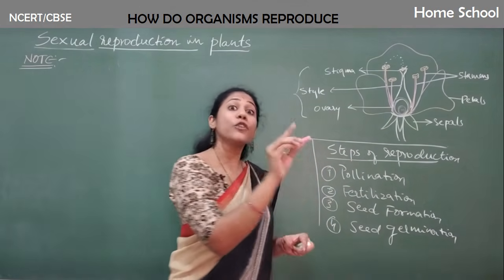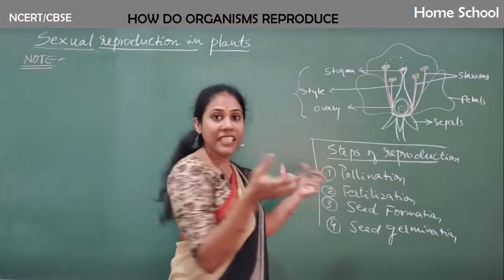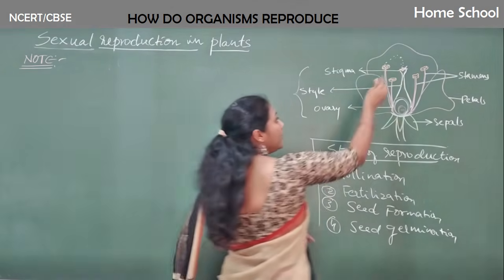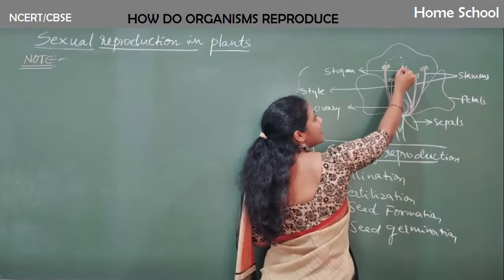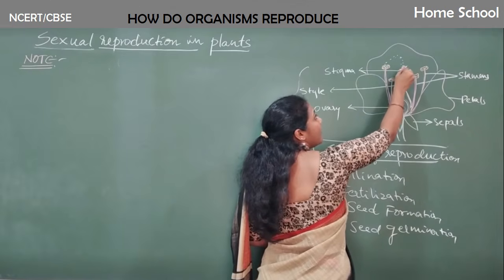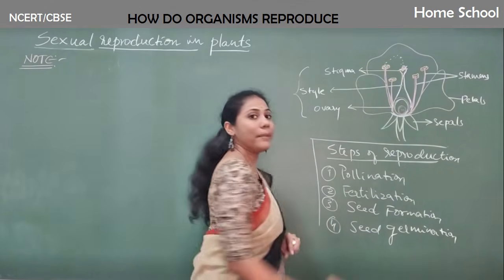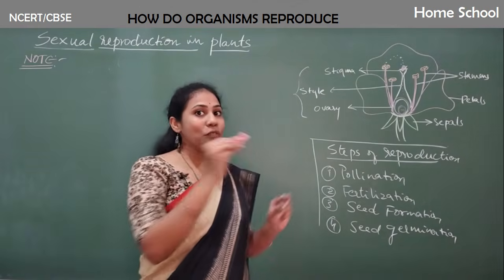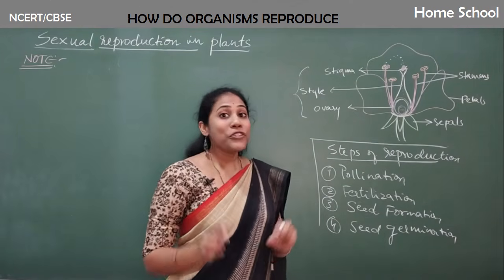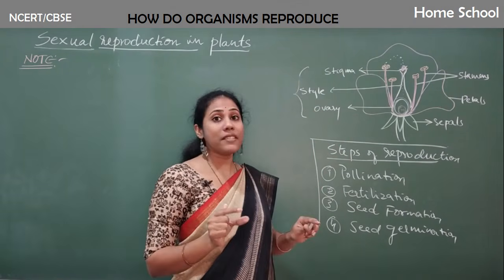Inside the ovary there is the ovule. Inside the ovule there is the female germ cell, highly protected. And the pollen grain is sitting here on the stigma. The pollen grain has a male germ cell. So that male germ cell should reach the female germ cell. That is what we are going to learn here. So how does a male germ cell reach a female germ cell?